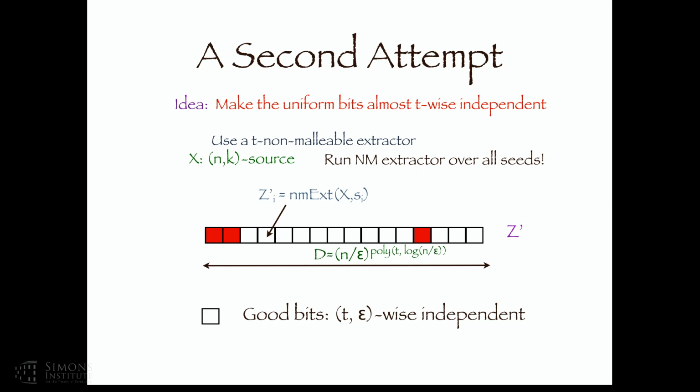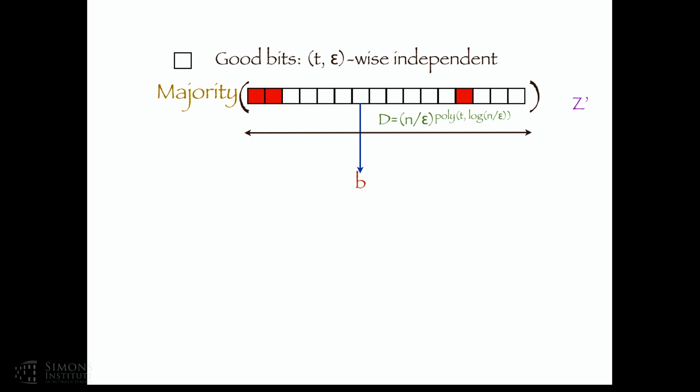But say we don't care. Maybe we are happy with just a two-source extractor which works in quasi-poly time. So we brute force over all these seeds. And now you know that these white bits are all almost t-wise independent. There's a lot of structure in them. And the red bits, there are at most an epsilon fraction of them, and they arbitrarily depend on the white bits.